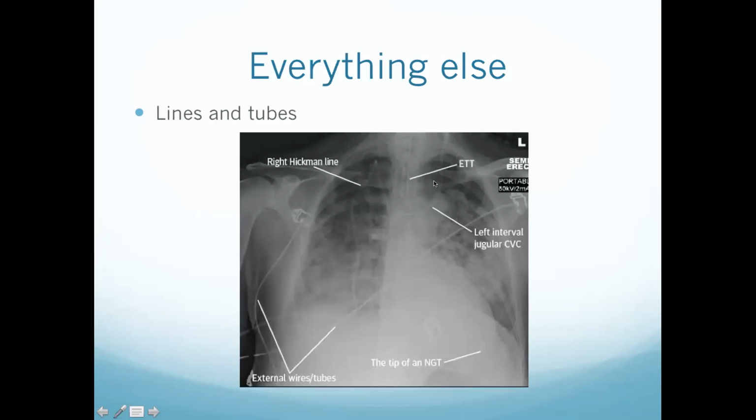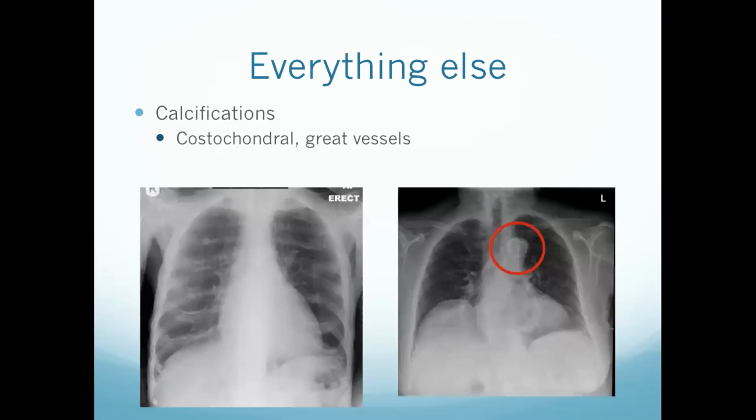This is obviously quite a busy chest x-ray, it's got every tube in it. So you can look for your ET tubes, NG tubes, Hickman lines, central venous catheters, all those sorts of things. You might see the cardiac monitoring on it. It's always worth mentioning these at the end if you're asked about it in an exam or anything like that.